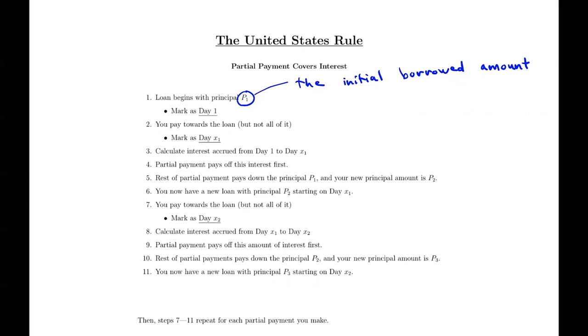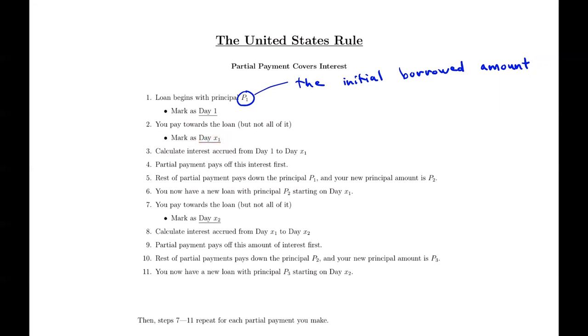And now you presumably have to pay back that loan eventually. But what we're saying with this partial payment idea is that you're going to pay a partial payment towards that loan. So you're not going to pay all of the loan, but you're going to pay part of it. And when you do that, that's going to subtract off part of what you owe. I'm going to mark that as day X1.